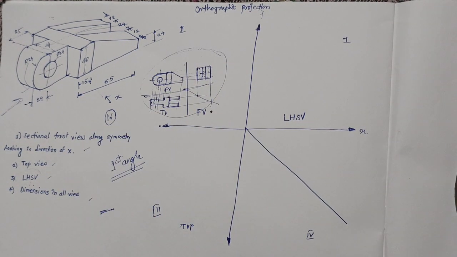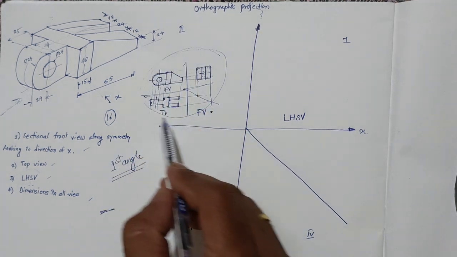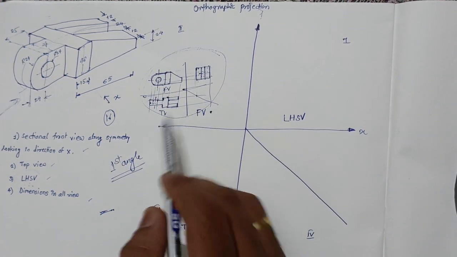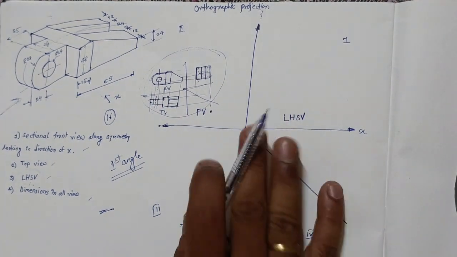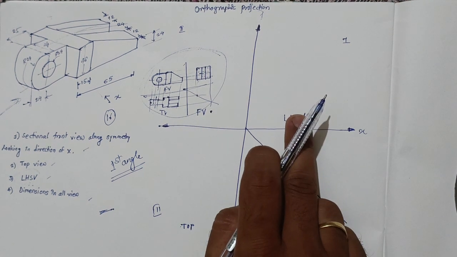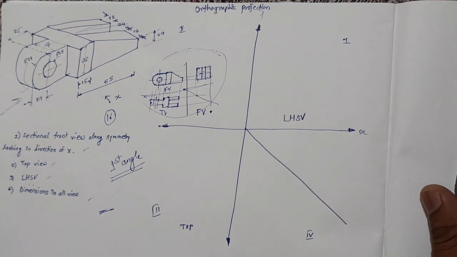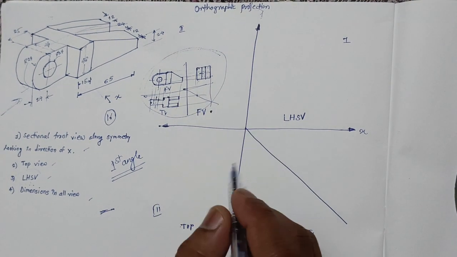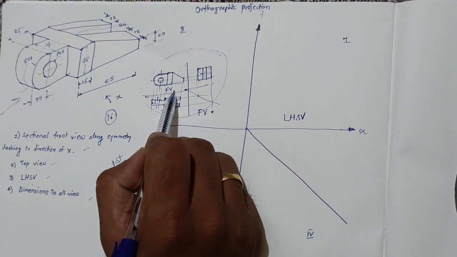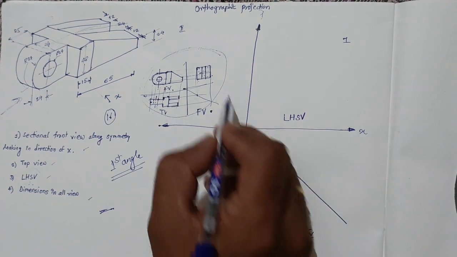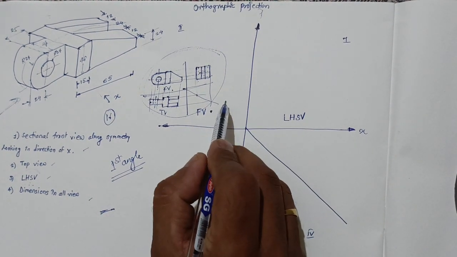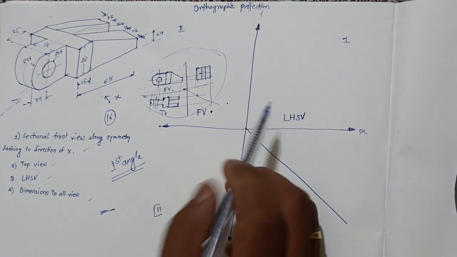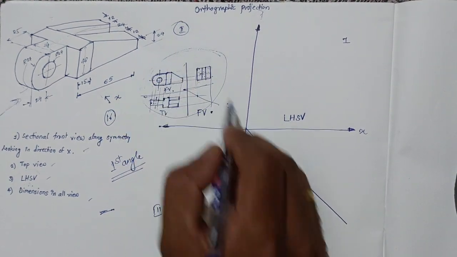So after imagining within the first 2 minutes, you start drawing the front view, top view, and LHS view. So what I'll do, I'll just draw over here. From this you start drawing the front view in this second quadrant.